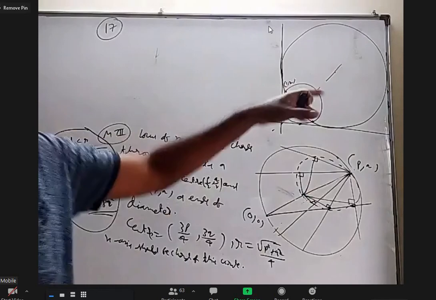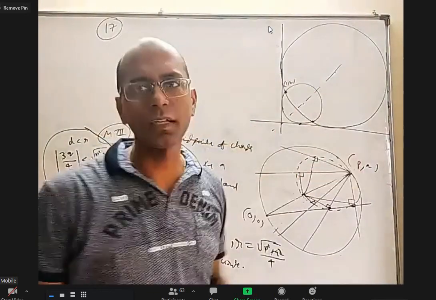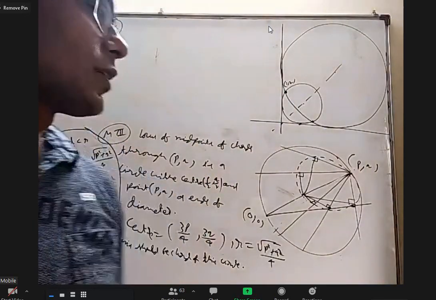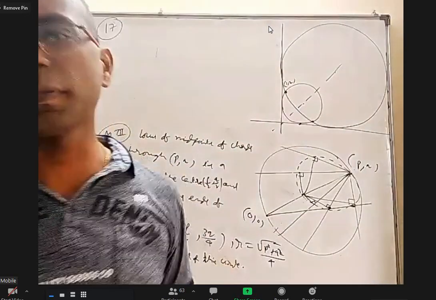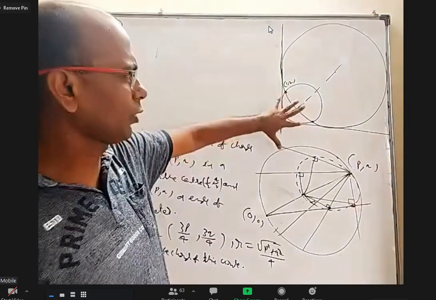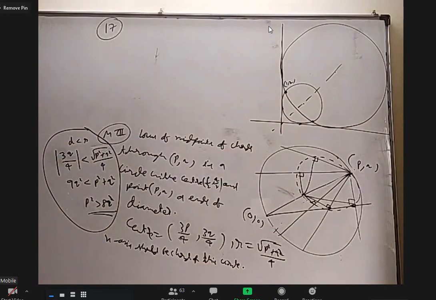The line joining centers has to be y equal to x because from this point, this distance and this distance are equal. So these two should be mirror images of each other with respect to the line joining centers. With respect to y equal to x, the image of a comma b is b comma a. If this is 1 comma 2, this has to be 2 comma 1. Okay.